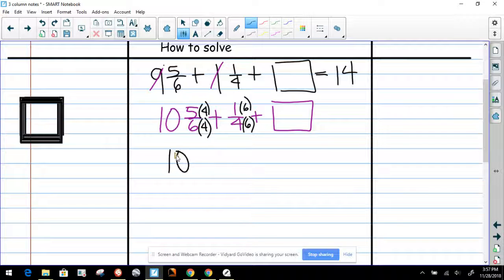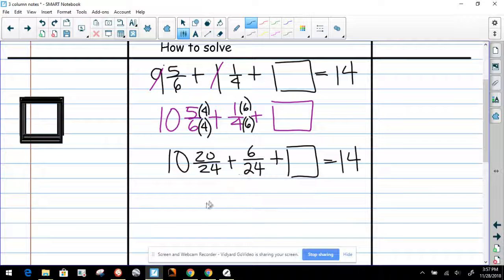So now our answer is going to be 20 24s plus 6 24s. And we still have the missing number, and we have the total.